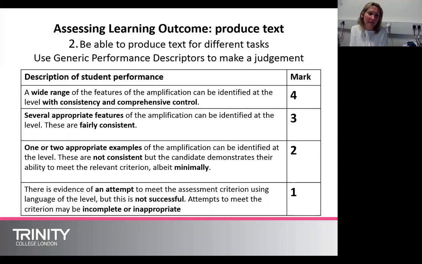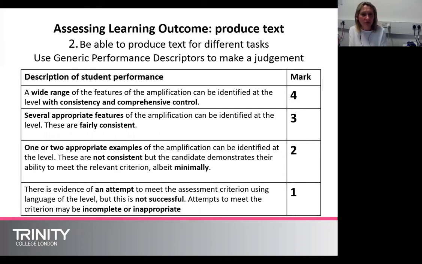And if there is evidence of an attempt, but it's not successful, it might be inappropriate or incomplete, then the candidate would get 1 mark for that assessment criterion. I gave you an example with grammar here, but similarly in punctuation, for example, if the candidate has used a wide range of punctuation with consistency and comprehensive control, they would get 4 marks.